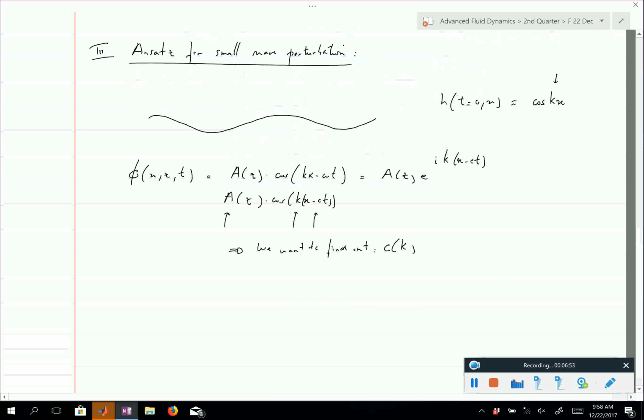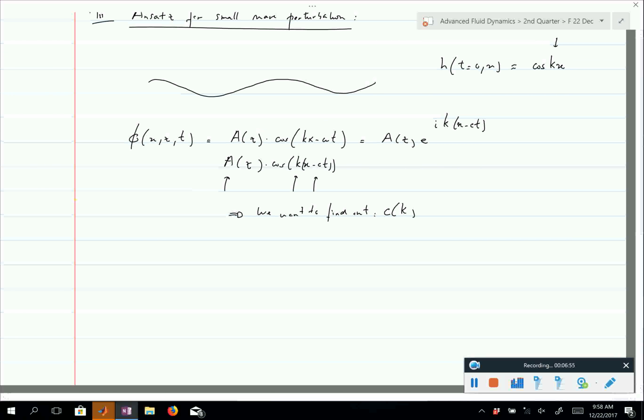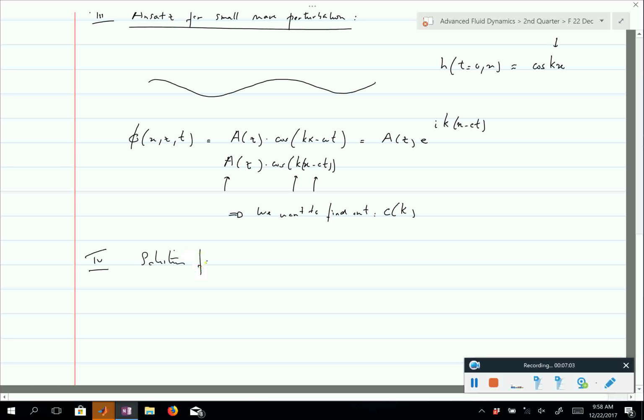So now we'll take things one by one, and we'll derive the solution. Okay, and the first thing we'll do is make sure that this indeed satisfies the mass conservation.